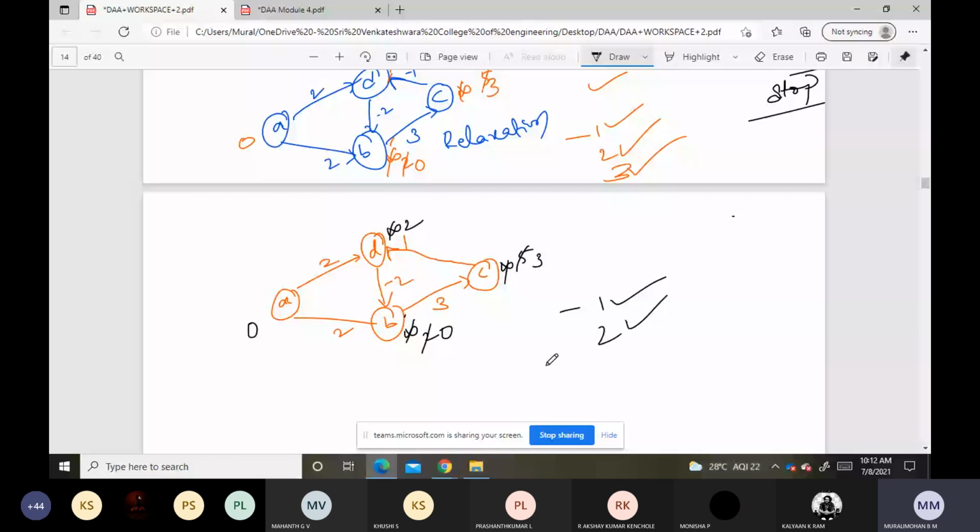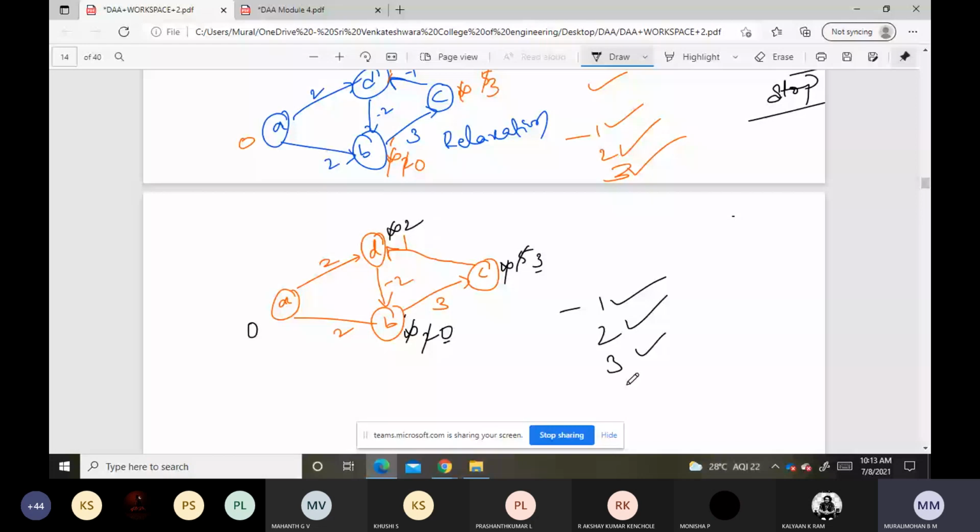Next. 0 plus 2, 2. Here also 0 plus 2, 0 unchanged. Next 0 plus 3, 3 unchanged. So 3 plus 1, 4 unchanged. So 2 minus 2, 0. So for third cycle also it is unchanged. Just see for negative edge.